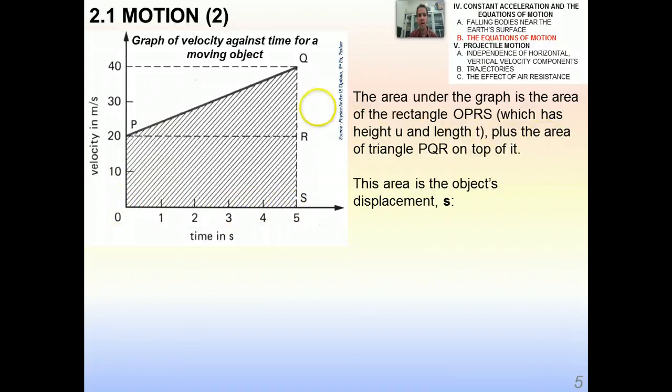The area up here is just half of this triangle. Or if you memorize the equation for a trapezoid, you can deal with that too. So in effect, the area is the object's displacement, which becomes u times t. This u times t is the rectangle down here. One half (v minus u) times t is the area of this triangle right here.